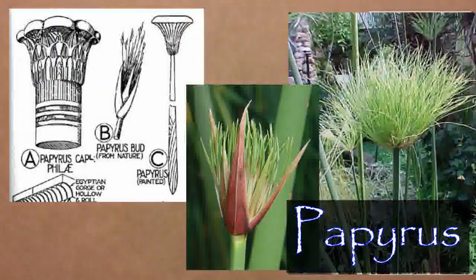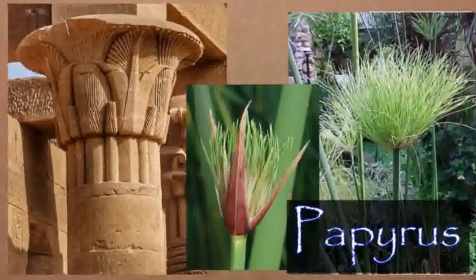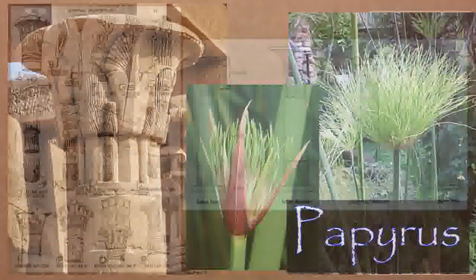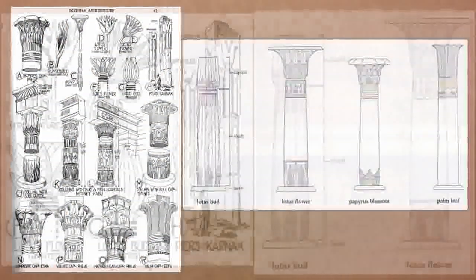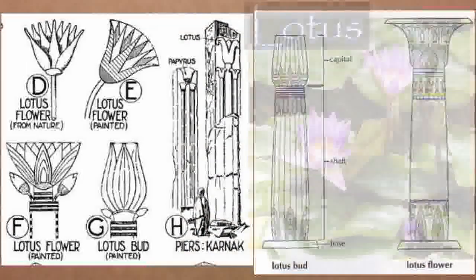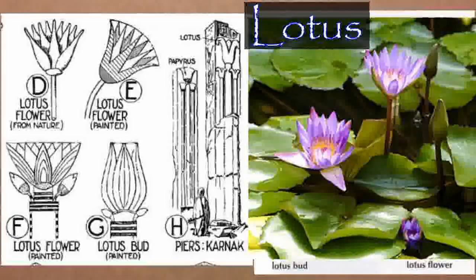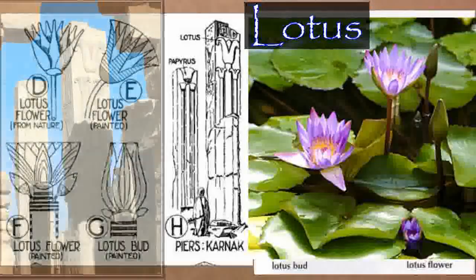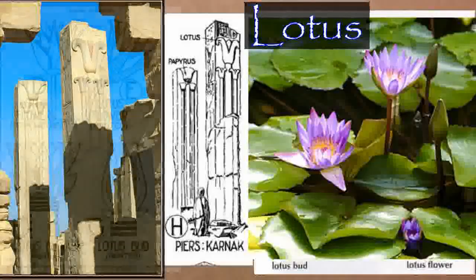For instance, the papyrus themed columns, papyrus being the symbol of Lower Egypt, which is up the delta, and we also saw the lotus column, and the connection between the lotus and the papyrus being a constant symbol, because just like the crown of Upper and Lower Egypt, the lotus and the papyrus are also symbols of Lower and Upper Egypt.